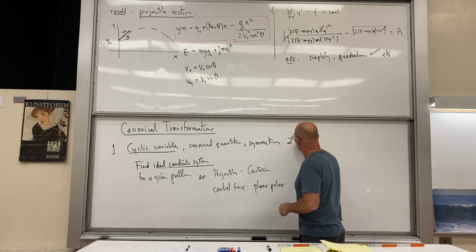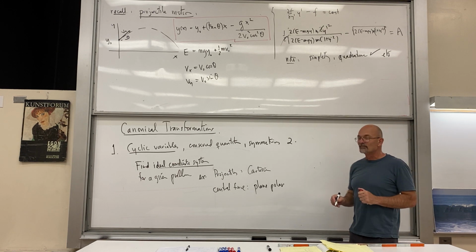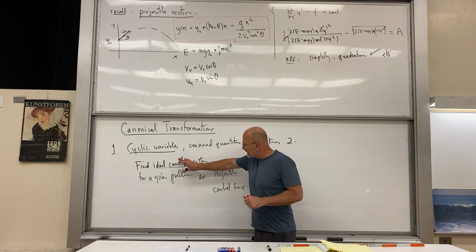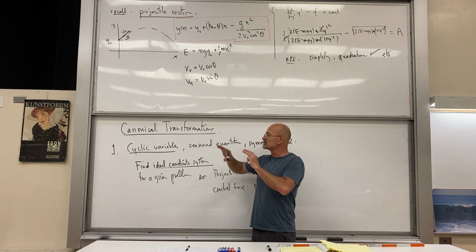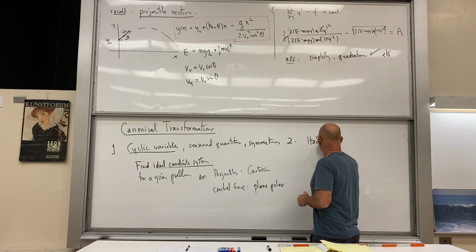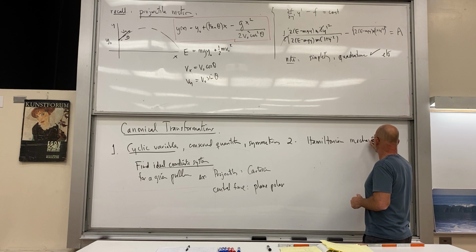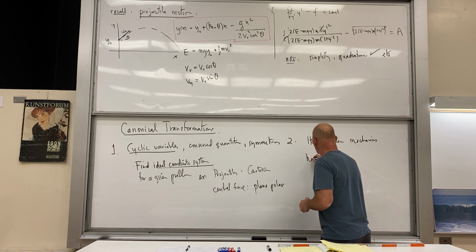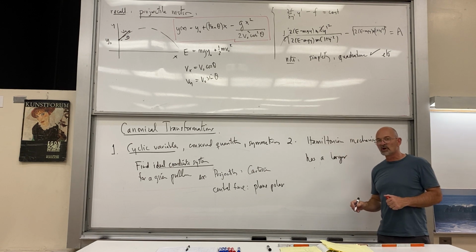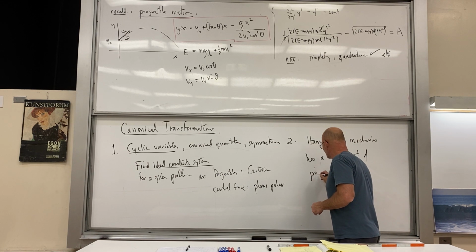Now, the next point is that Hamiltonian mechanics has more coordinates and therefore has a better chance of finding, or has a larger set of potential coordinate transformations. So Hamiltonian mechanics has a larger, and not just larger, much larger set of potential coordinate systems.